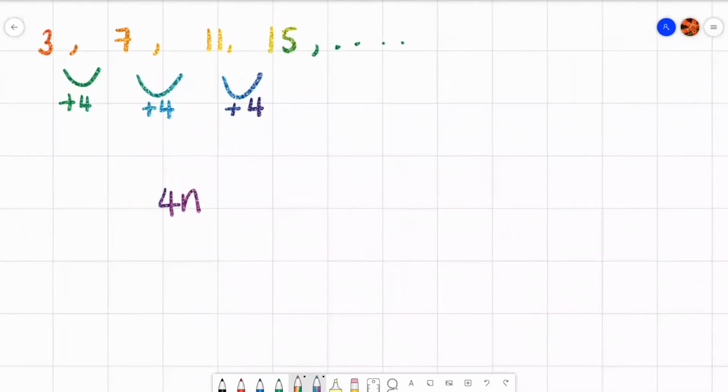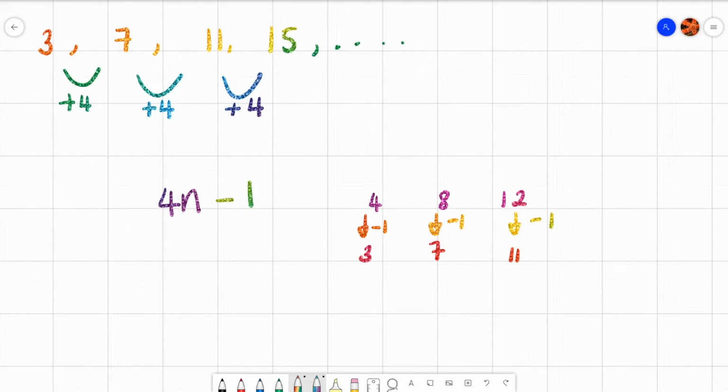So I'm going to write the 4 times table out. It's 4, 8, 12. I'm going to write the first 3. But my pattern is 3, 7, 11. Well, how do I get from 4 to 3? Minus 1. 8 to 7, minus 1. 12 to 11, minus 1. So it's the 4 times table, subtract 1 each time. Okay.